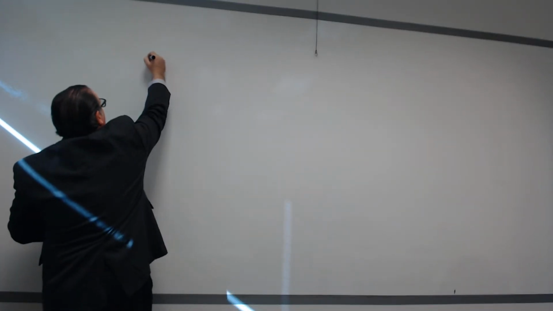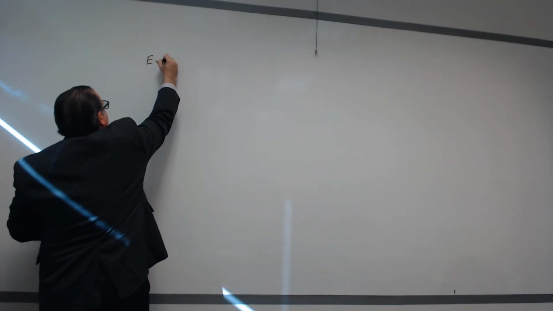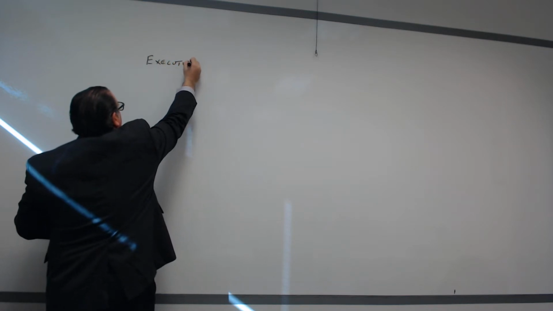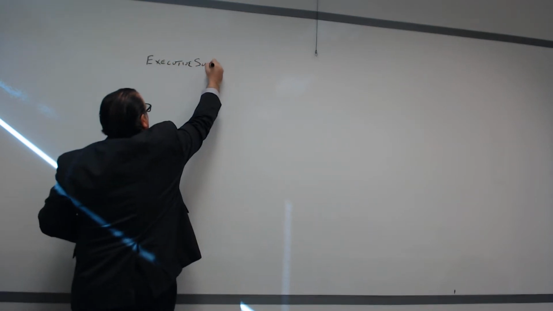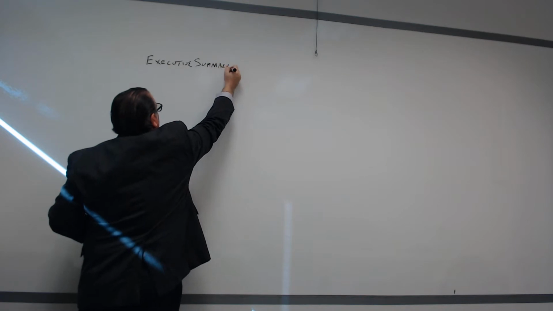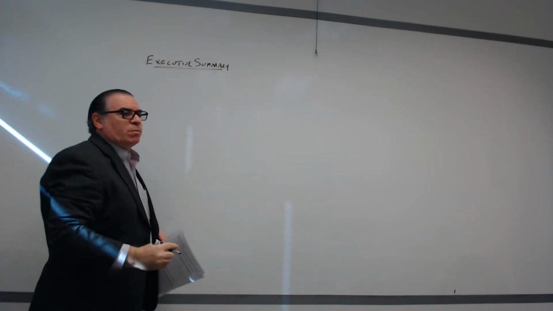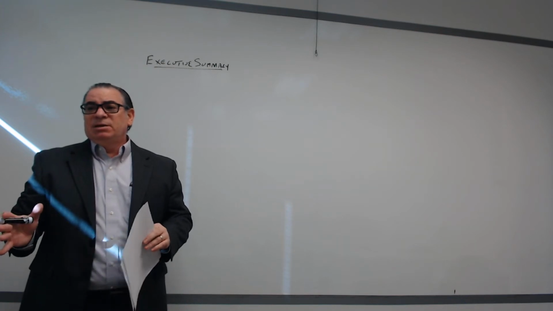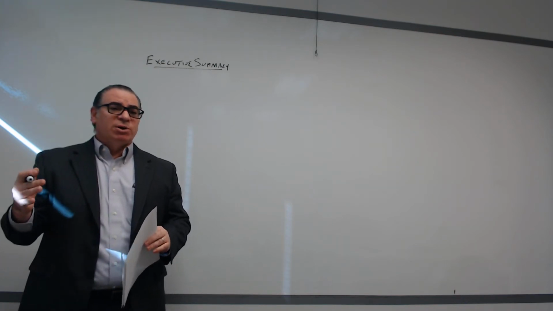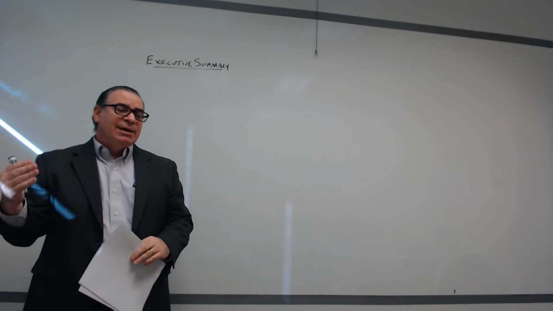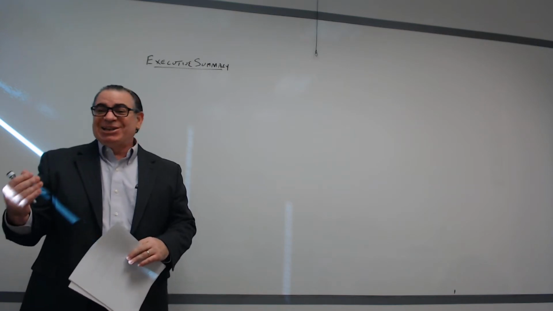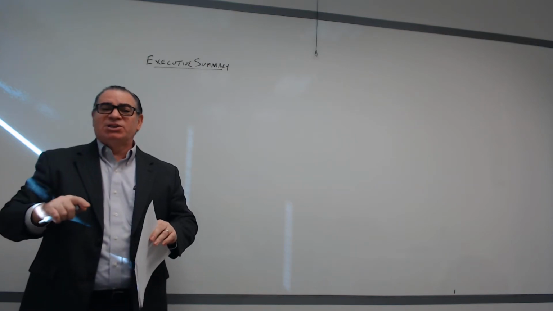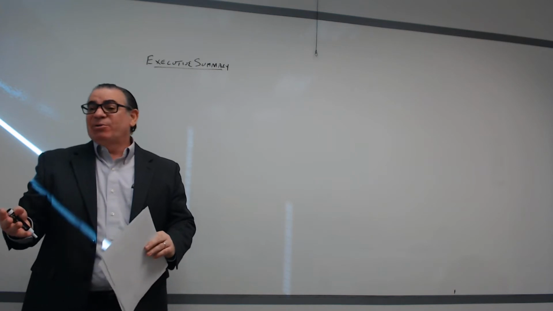The first part of the board is the executive summary here, right? And we're going to bullet point this here in a second. But the executive summary should be about 1 or 2 pages, no more than 2. And it's going to include every section in the plan. And it's an executive summary because it really summarizes the entire plan.